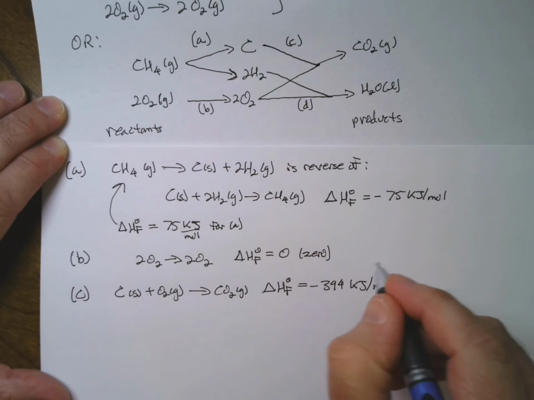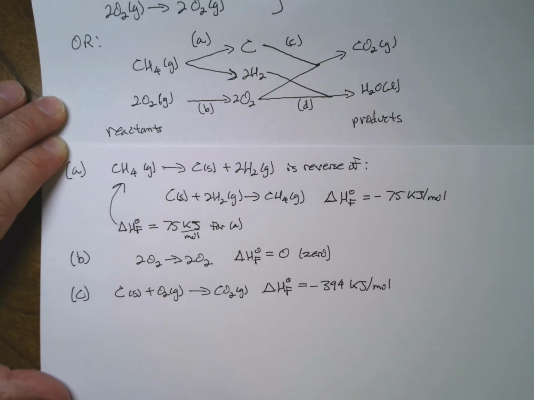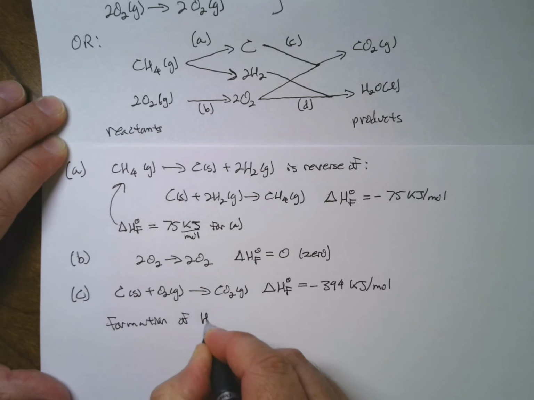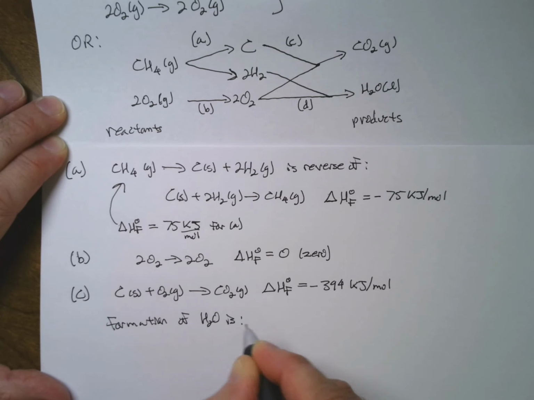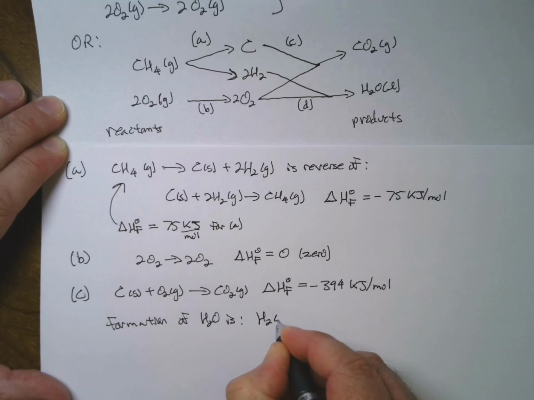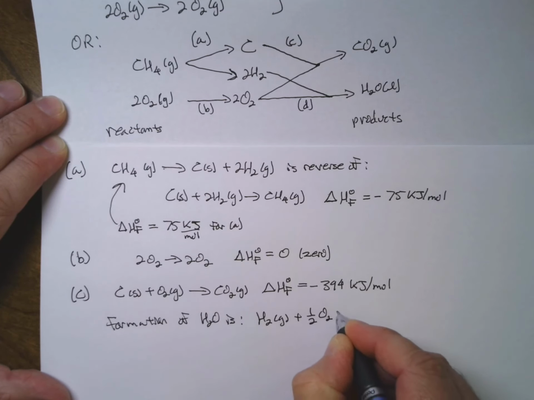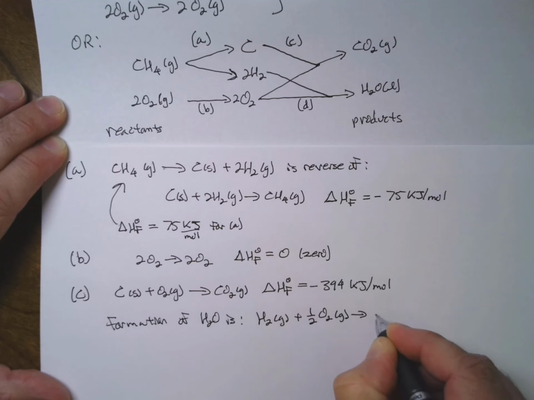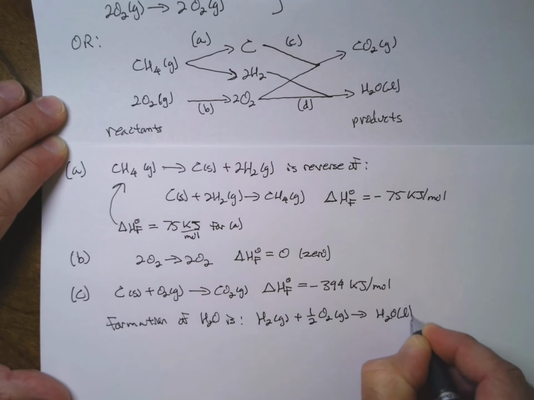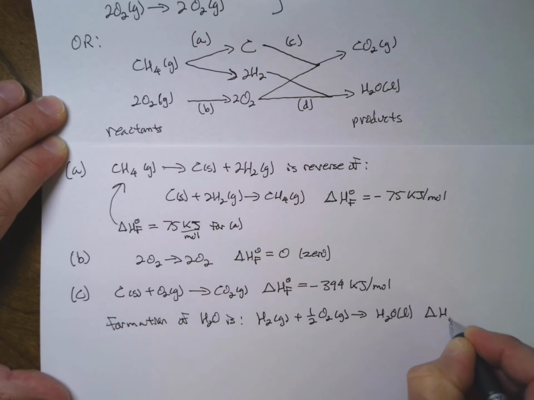And the formation of water is H2 gas plus half a mole of O2 gas reacts to give H2O liquid, and delta HF naught equals minus 286 kilojoules per mole.